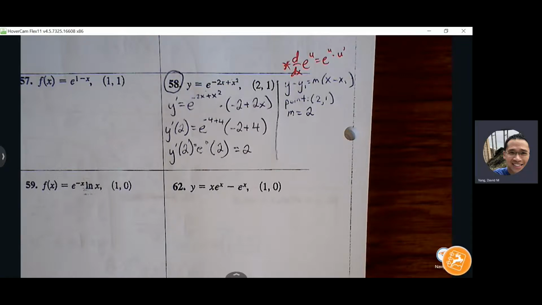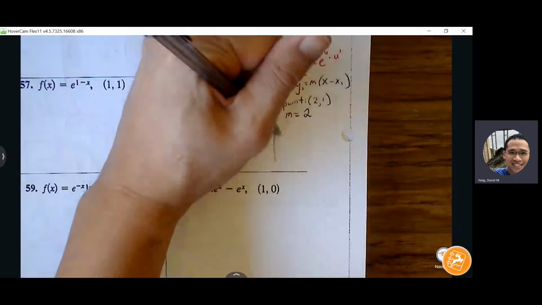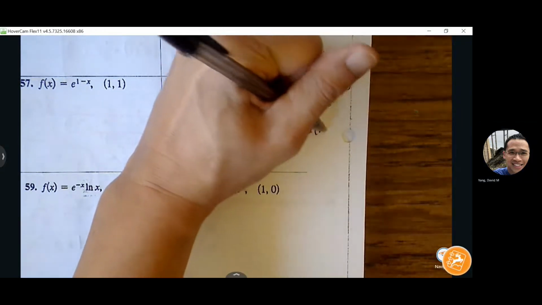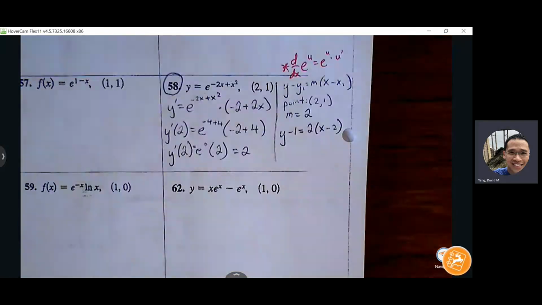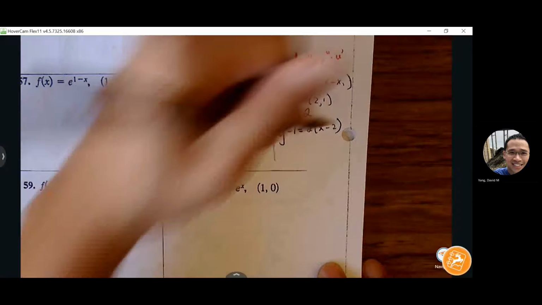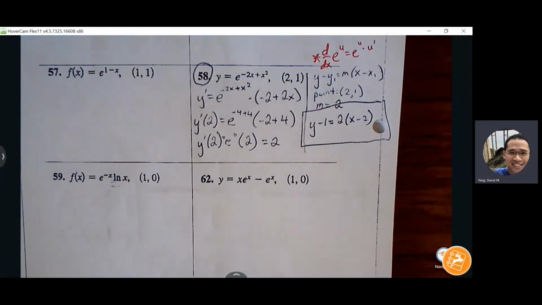AP exams will accept it without moving that y1 over. So point slope form, y minus 1. Okay, tangent line equation. Any questions?